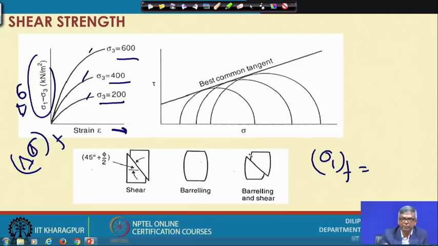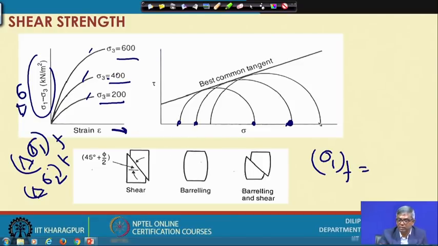So if I get that, then sigma 1 at failure and sigma 3 already known at failure, I will get these 2 points, and I know these are the major principal stresses. So I can get this circle. Similarly, for another set I apply another value of sigma 3, and correspondingly I get delta sigma f, and then sigma 1 for the second set, with the corresponding sigma 3 already known.